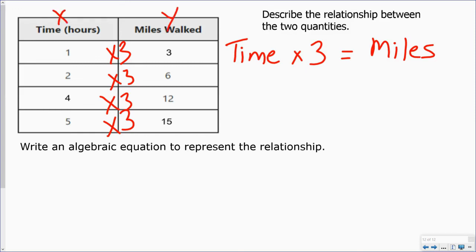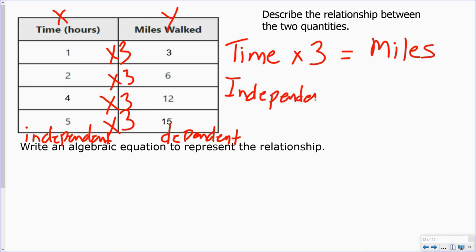So when I set this up and look at here, if I know that this is the x and this is the y, and I know that this side is the independent, and I know that this side is the dependent, that means my independent variable multiplied by 3 gives me my dependent variable.